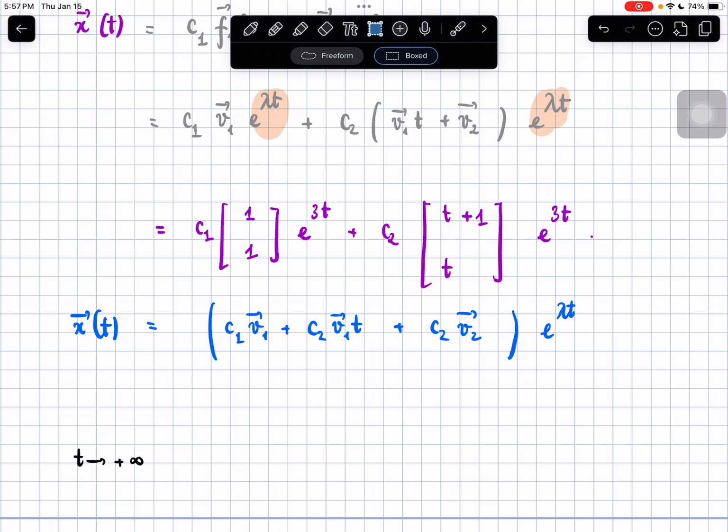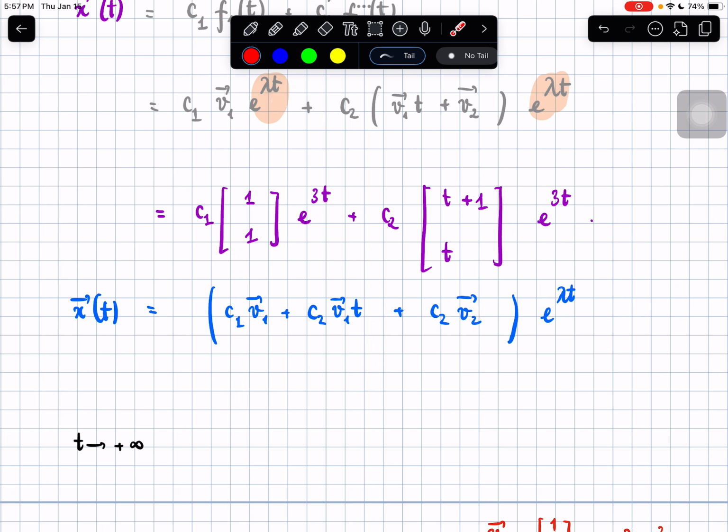So in the space, you just put (1, 1) and (1, 0) for v1 and v2. But look at that, when t tends to infinity, what happens is that this one will dominate. As t tends to infinity, this one is so big, and this one is just some scalars.